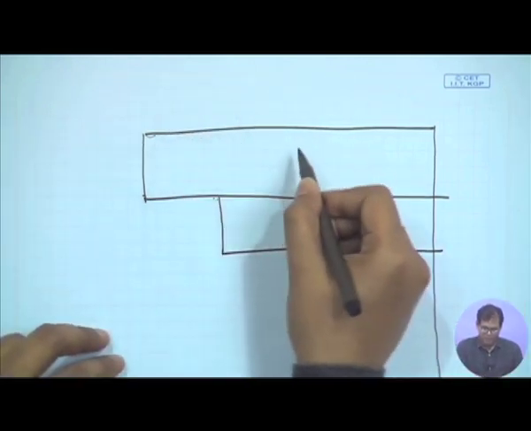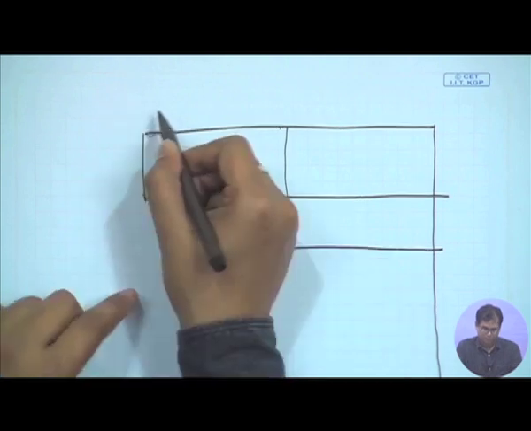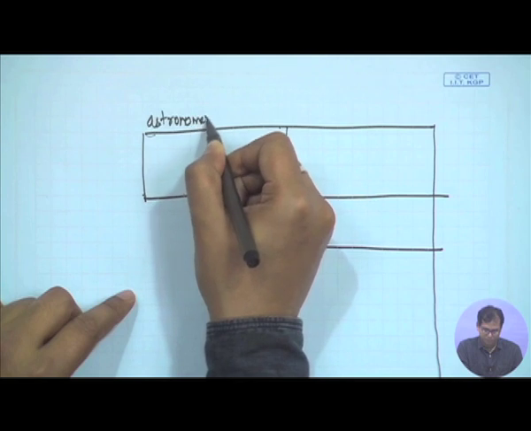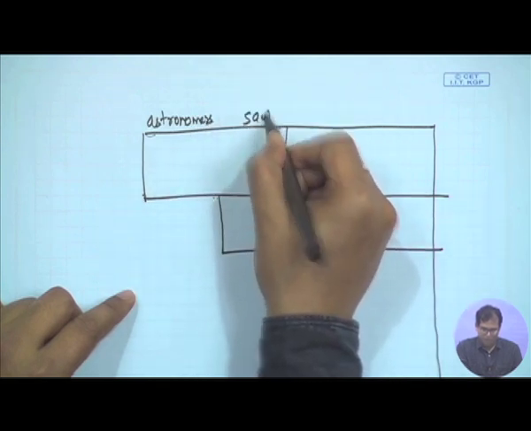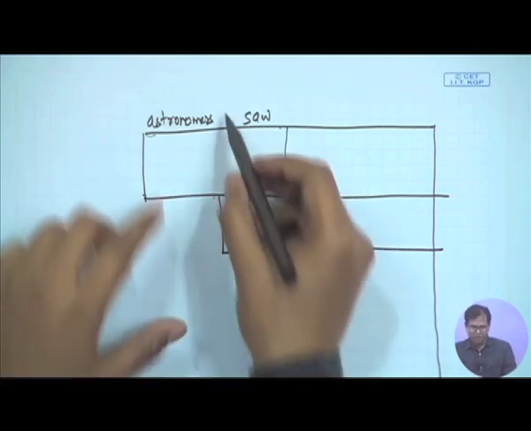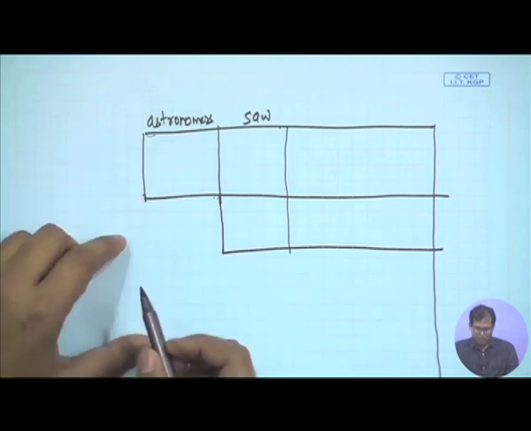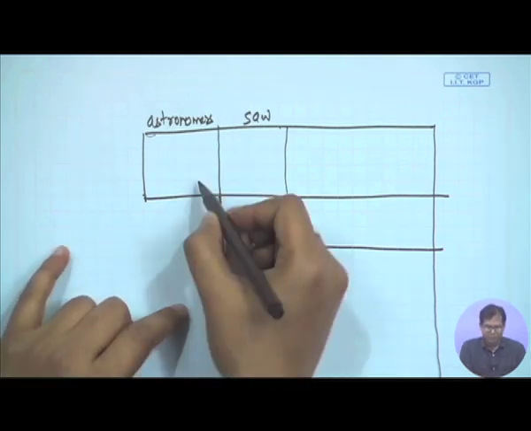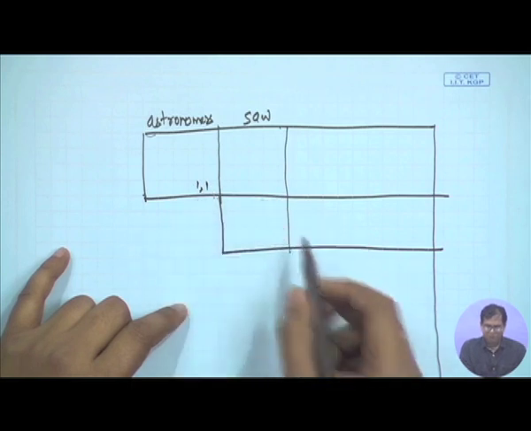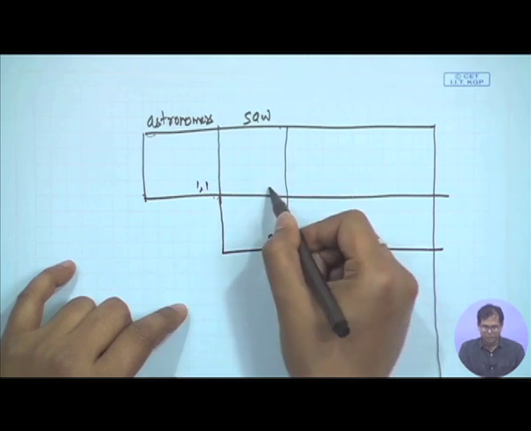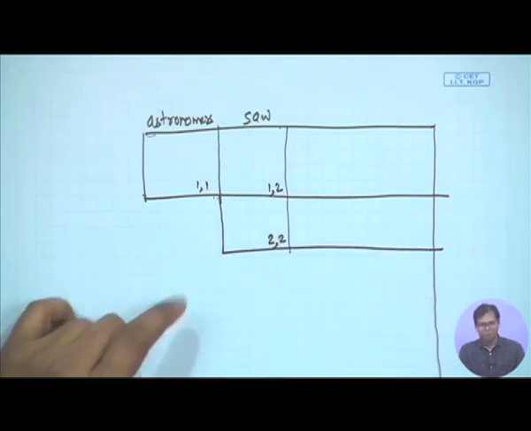Okay, let's try only the first two. This is astronomers and this is saw, and I have to fill in the inside probabilities. Now, in the way we defined inside probability, this would be 1 1, this would be 2 2, the sequence from word 2 to word 2. This would be the sequence from word 1 to word 2.